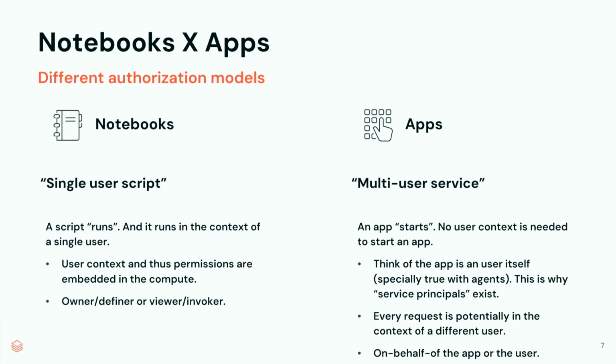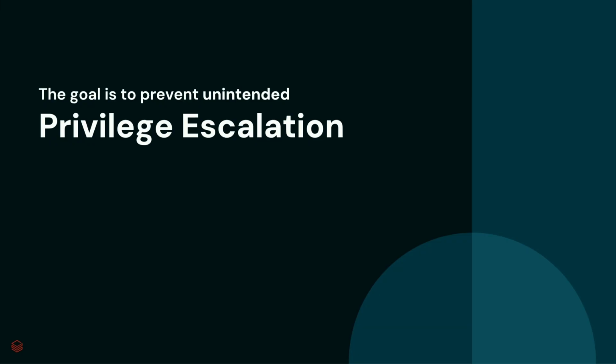Cool. Another very important concept, and everything that we do in this is about privilege escalation. The goal here is to prevent unintended privilege escalation. You can be a little idealistic and say that we never want unintended privilege escalation, but in practice there are a few use cases where you want some privilege escalation.